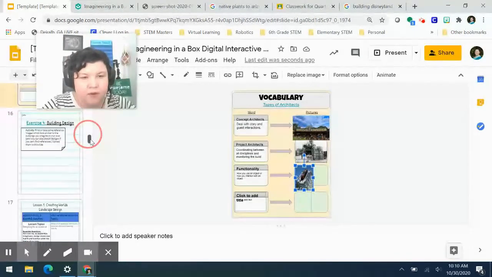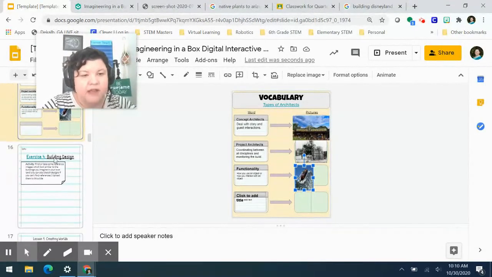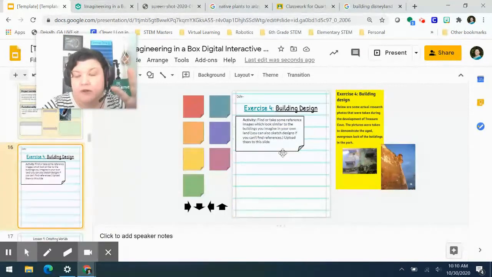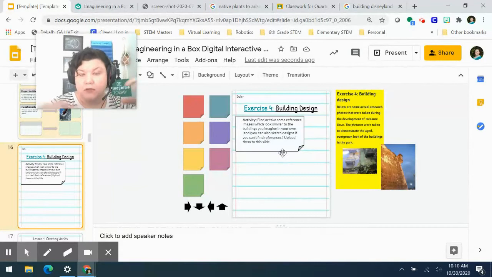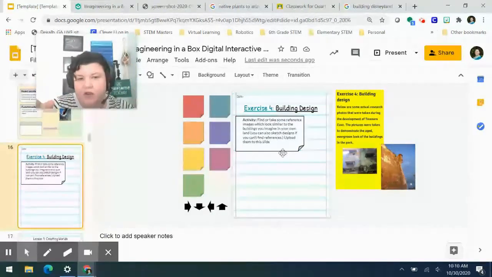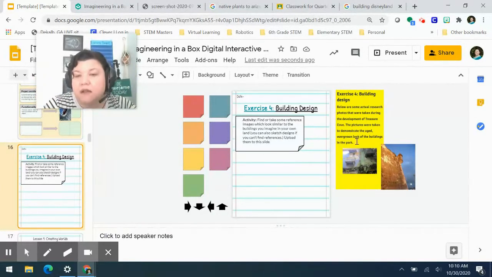Okay, so your exercise on here is that you are going to sketch a building that fits into your theme park land. So when you were taking a look at your theme, something that fits in. I want you to look through the eyes and the lens of a theme park architect, not a real world architect. You're not just going to say, this is my roof, this is my building, this is my window, boom, we're done. No, you need to look at how the theme park architects did.